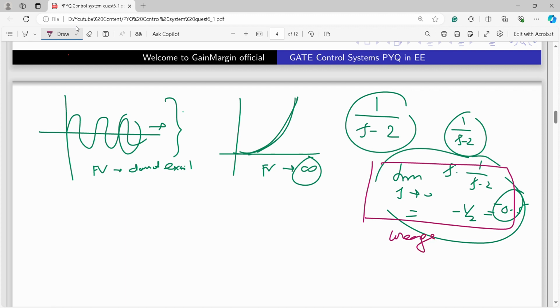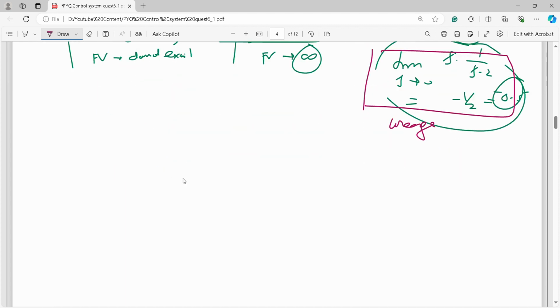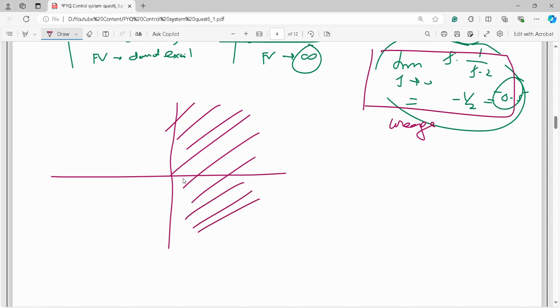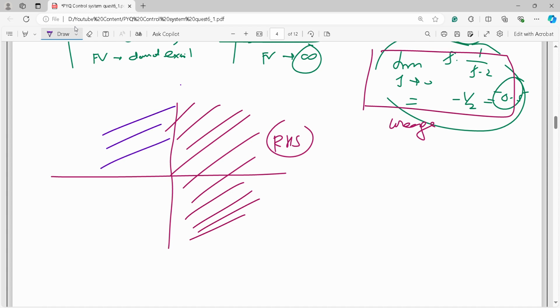So in case of the final value theorem, first we should know it is only applicable for a stable system. If you classify in the s plane, this is the complete s plane, this is my left-hand plane and right-hand plane.